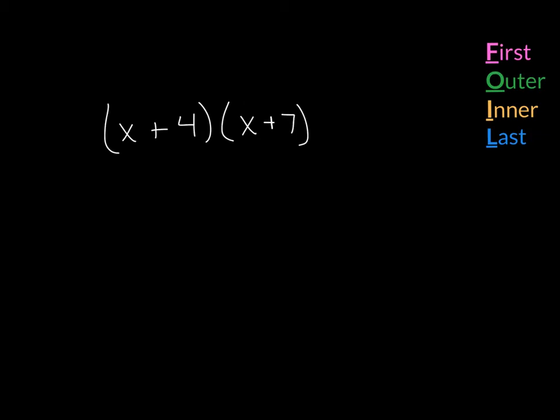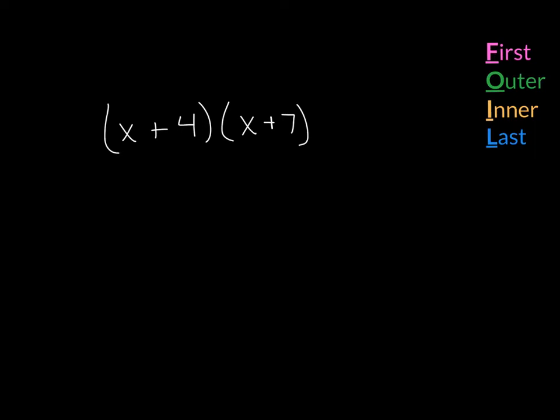Okay, so what does first, outer, inner, last mean anyway? When we're multiplying binomials, that means we have two binomials, and a binomial means you have two terms. So here's a binomial, x and 4 are your terms, and here's our second binomial with x and 7 as our two terms.